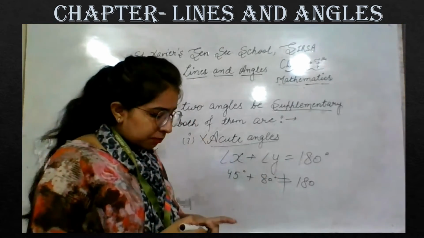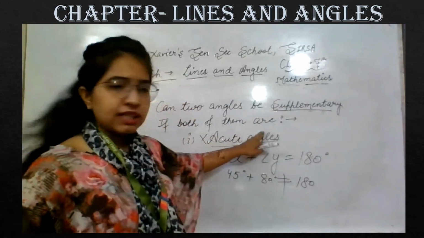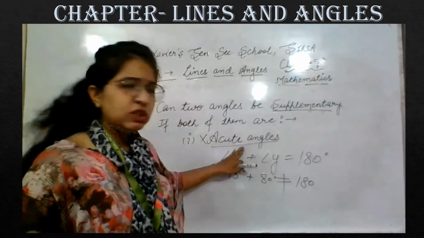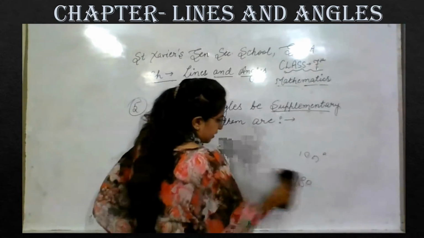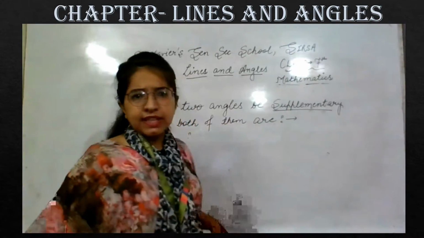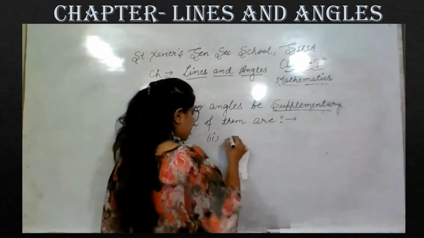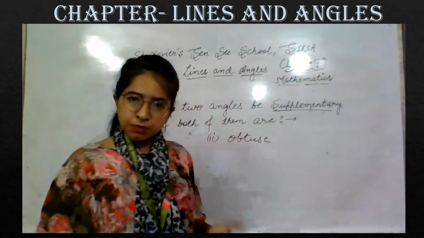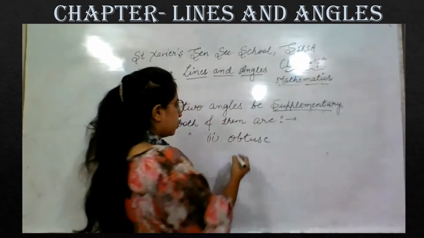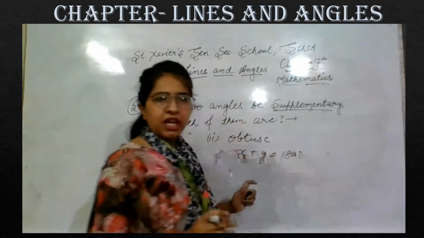Clear? Second part of the same question is, can both these angles be obtuse? Obtuse means more than 90 degree. So same thing we will do.